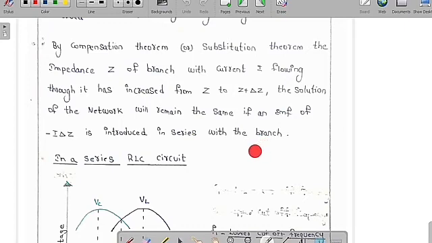So Z was increased from Z to Z plus delta Z, therefore now we have to keep an EMF of minus I into delta Z. So the overall circuit voltage will remain the same, and we can say each and every parameter of the remaining circuit is unchanged.